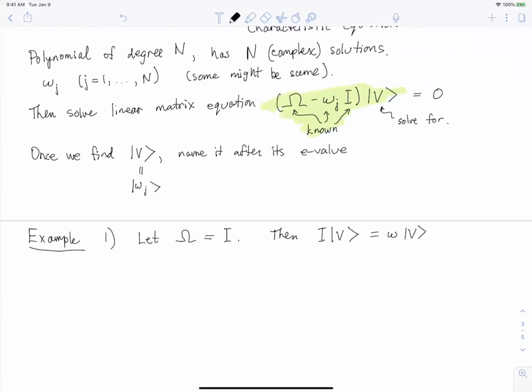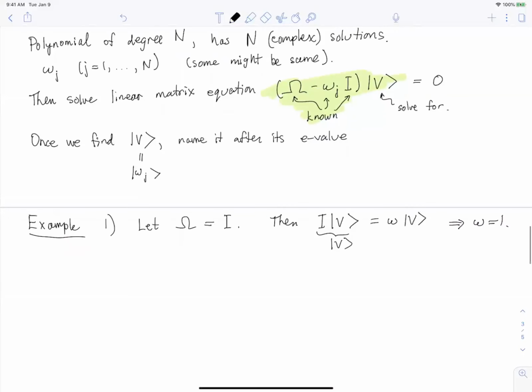Okay, but this is equal to v itself. And so from that, I learned that omega can only be 1. And so the statement is every non-null ket v is an eigenvector or eigenket with eigenvalue 1.